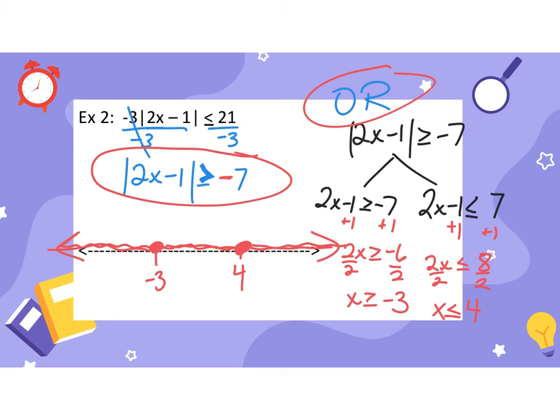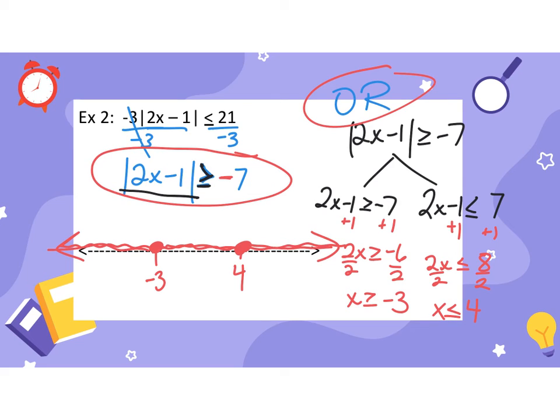Think about that. Is the absolute value of anything always going to be bigger than a negative 7? Yeah, right? Because the absolute value of anything is always going to be positive. And a positive number is always going to be greater than or equal to negative 7.